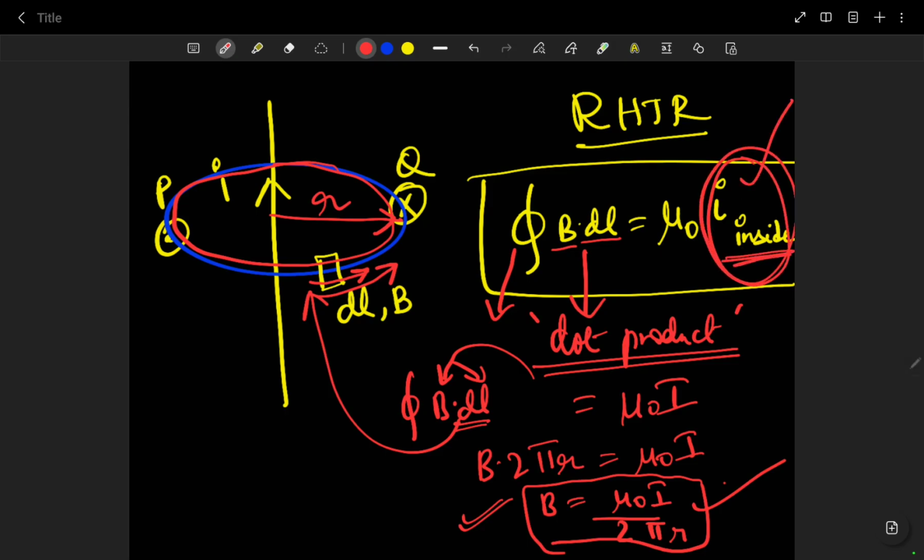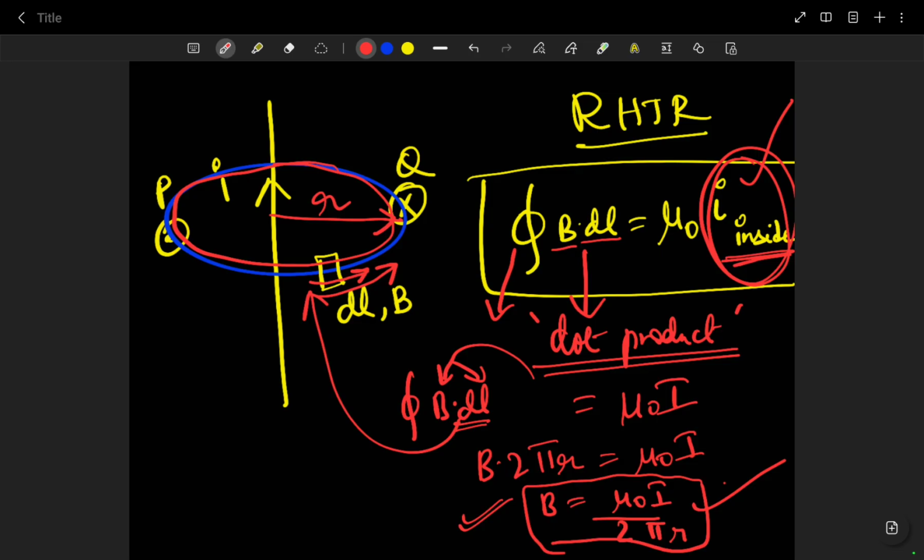How, I will explain with a situation. The expression relates the magnetic field around that loop to the net current passing through the surface enclosed by the loop. So it's a very powerful way of measuring the magnetic field, rather than measuring it for small elements. So we get a bigger advantage over here.